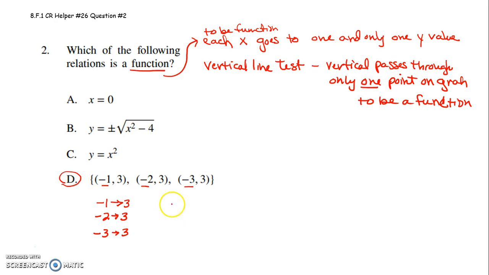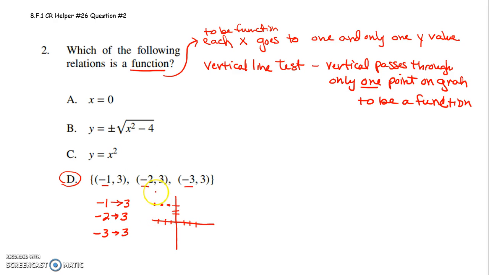That's definitely a function. I did a sketch of a graph here. This would be -1, -2, -3, +1, +2, +3. So -1, 3. -2, 3. -3, 3.